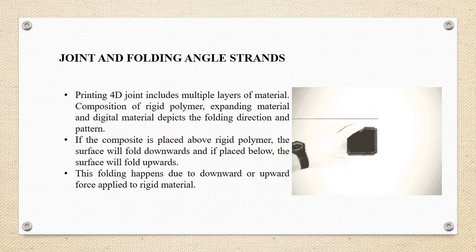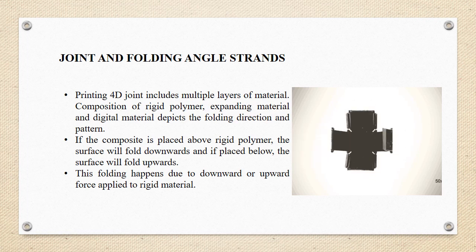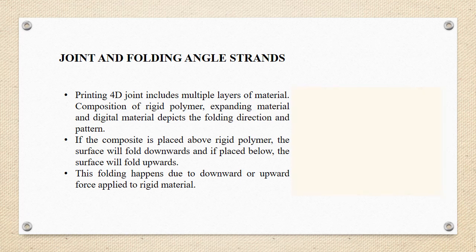The second one is joint and folding angle. In 4D printing, 4D joints include multiple layers of material composition: rigid polymer, expanding material, and digital material, which define the folding direction and pattern. As you can see in the GIF, the folding of objects.